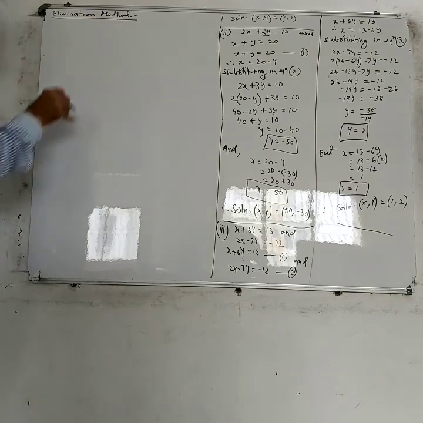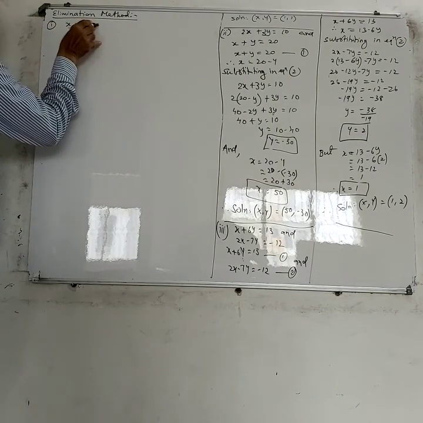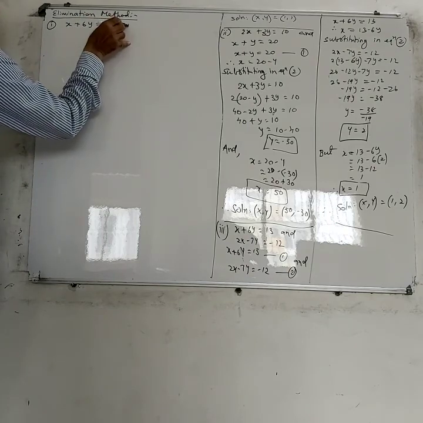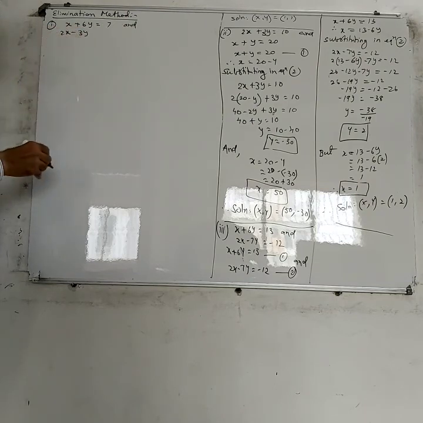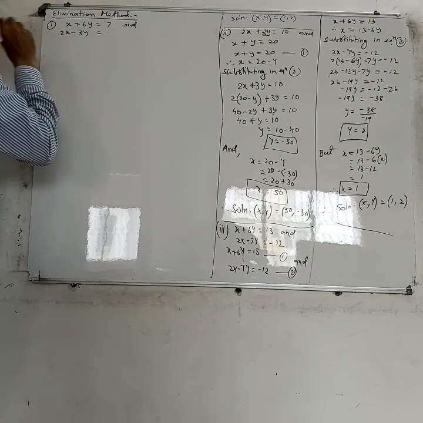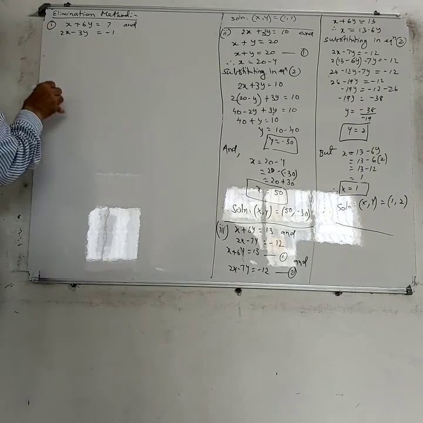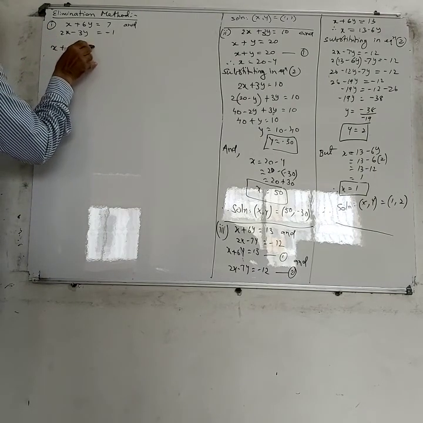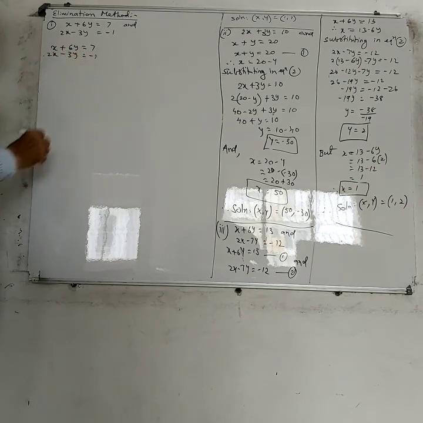Alright, to start with an example. x plus 6y is equal to, say, 7, and 2x minus 3y is equal to, suppose, minus 1. Alright, now let's take the first equation. x plus 6y is equal to 7. 2x minus 3y is equal to minus 1.